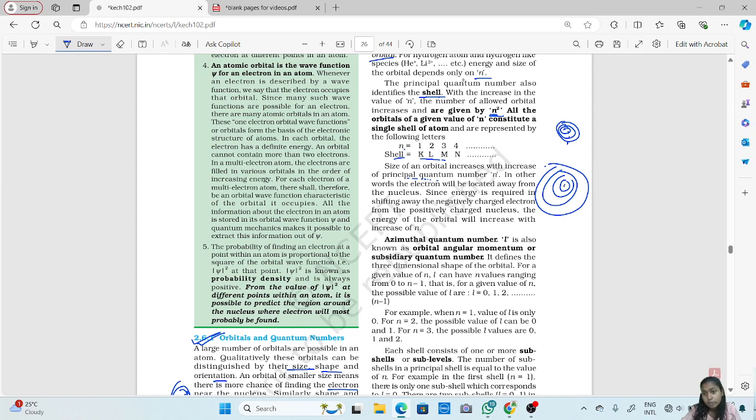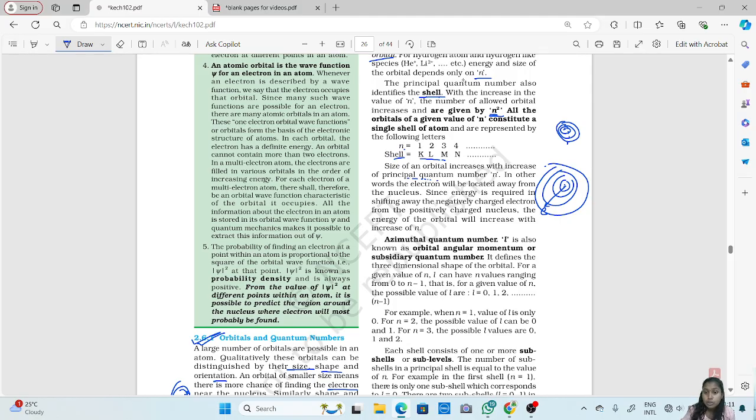From the nucleus to the electron, the distance has increased, and along with the distance, the size of the atom also increased. That's why, as the principal quantum number increases, the size of the orbit also increases.